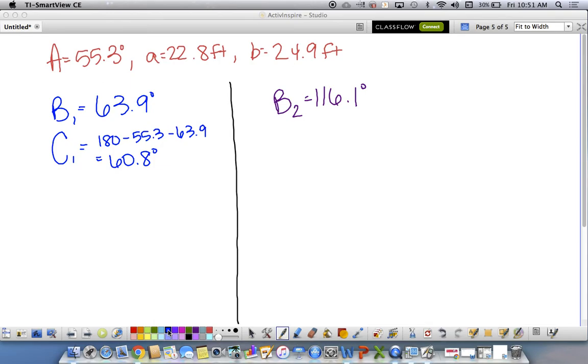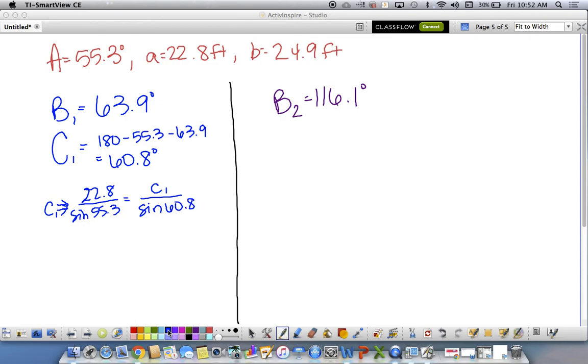Now I just need little c1. I'm going to use the law of sine. 22.8 over sine 55.3, because that's my given, equals C1 divided by sine 60.8.